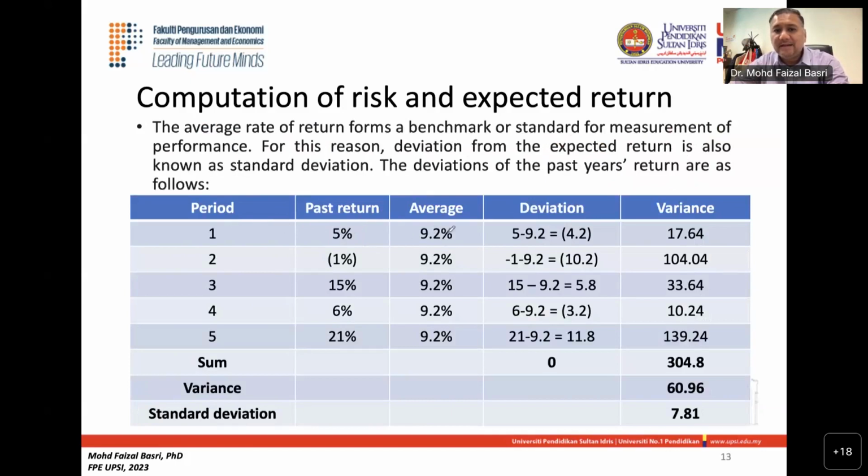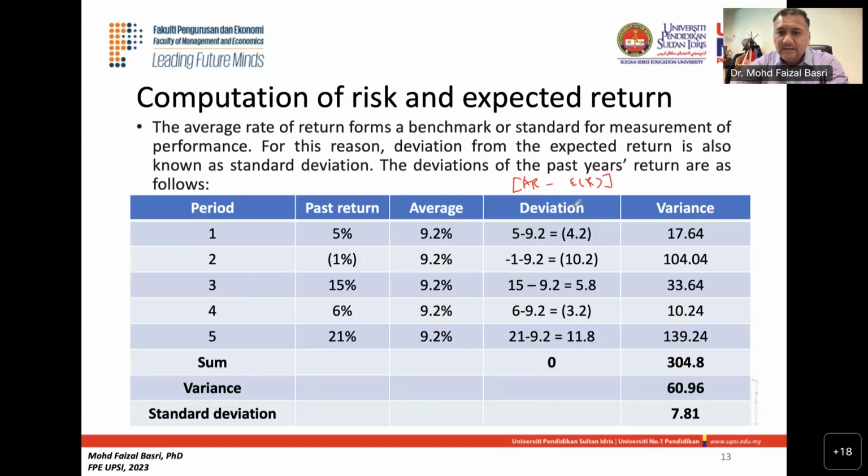So 5 minus 9.2, and you get this difference or deviation, negative 4.2. And we do similarly for all 5 years. So the deviation is basically the difference between the annual return minus the expected return.